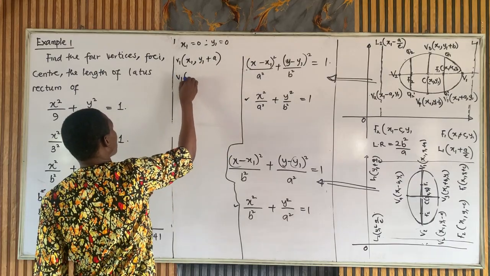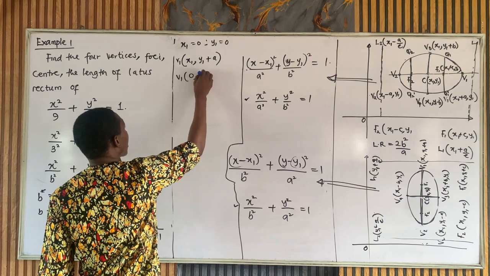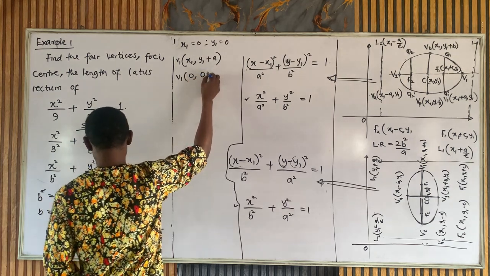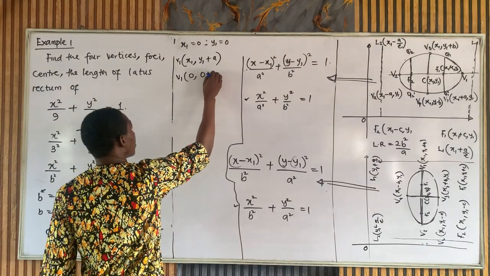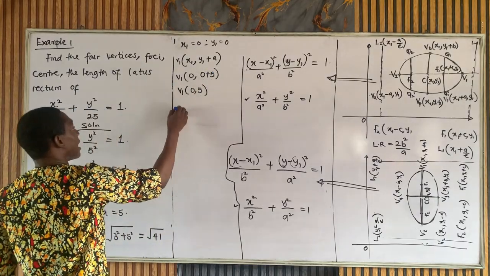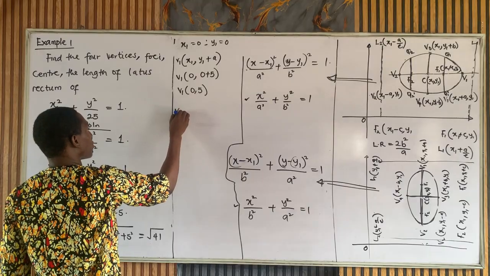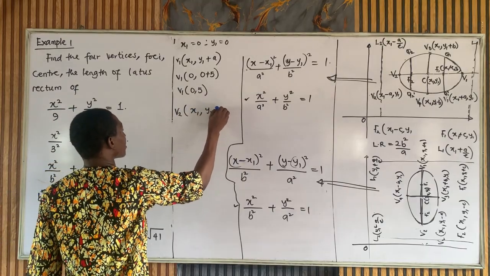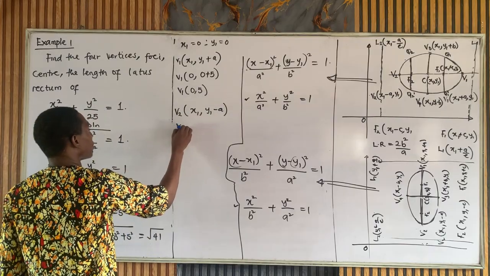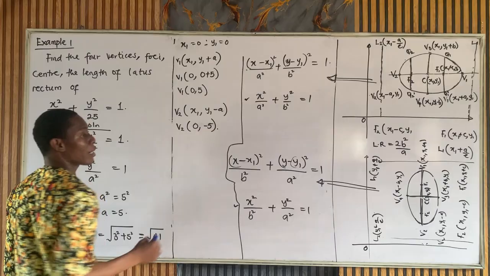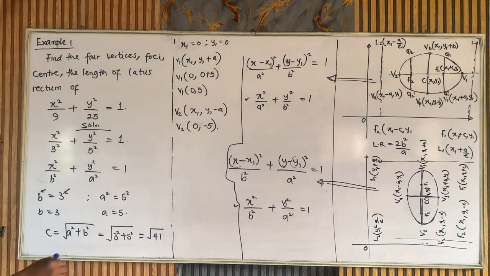So V1 will simply be 0, comma, 0 plus our a, which is 5. That's simply V1 is 0, comma 5. Again, V2 is x1, comma, y1 minus a, and V2 will simply be 0, comma minus 5. That's our vertices V1, V2.